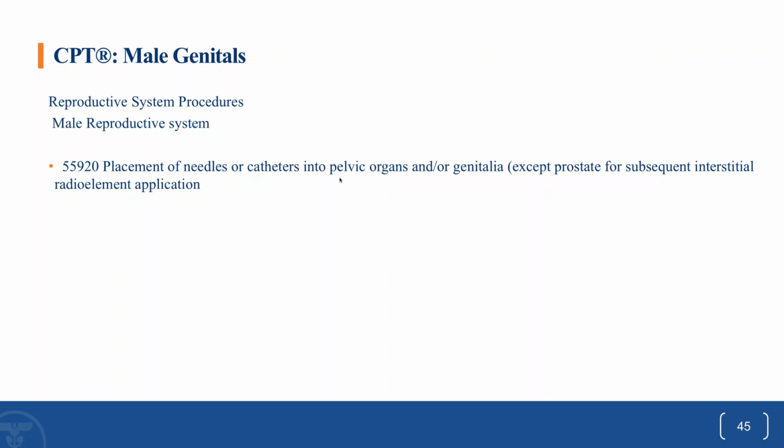So you would add on your hernia code, right? From the code range 49495 to 49525.